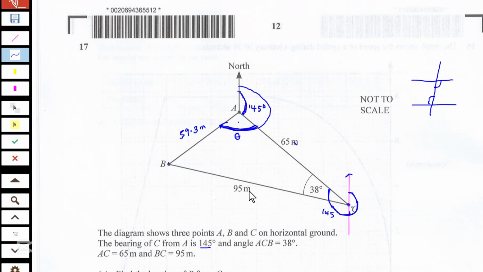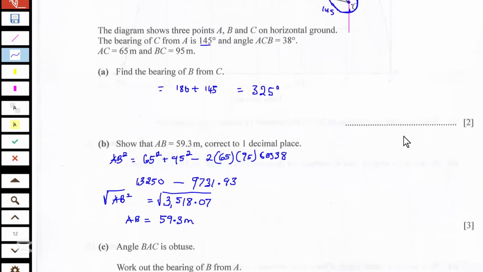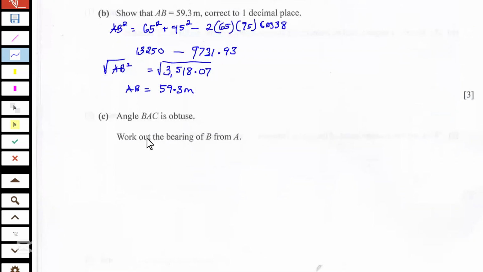To do that, we can apply the sine rule. The opposite side is known. The angle is unknown. And we've got AB is known, and the opposite angle is known as well. So we can apply sine rule to find angle theta. So let's apply sine rule. Sine rule states that sine A over a.